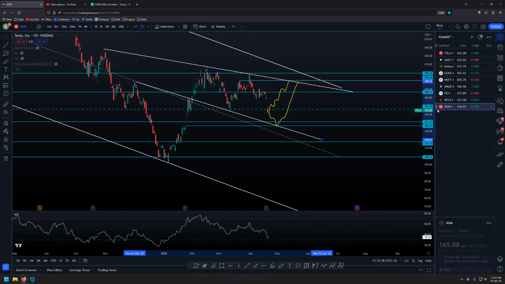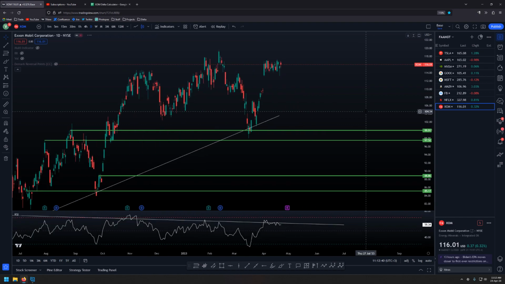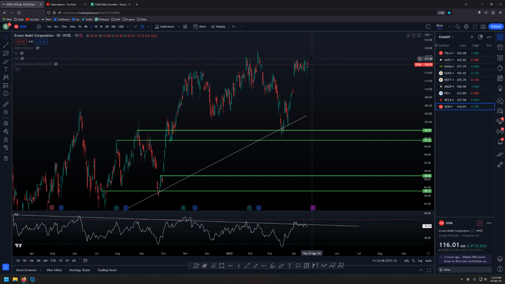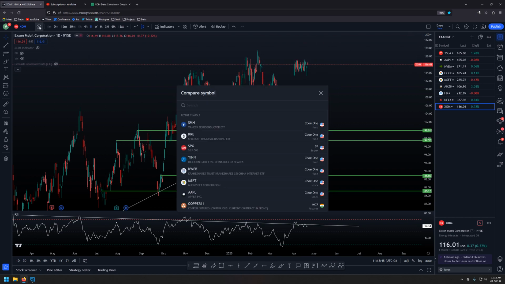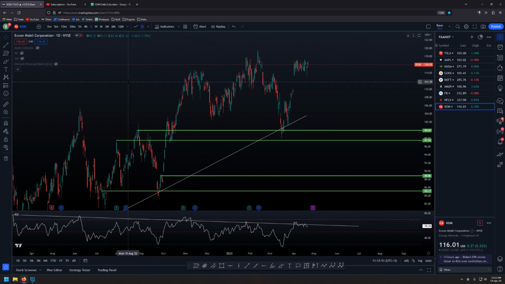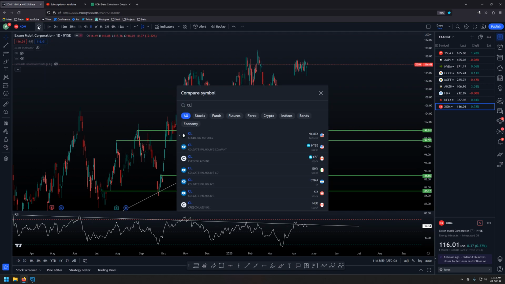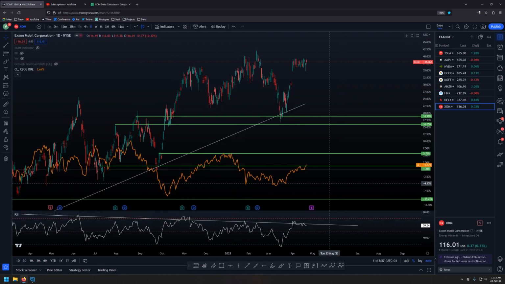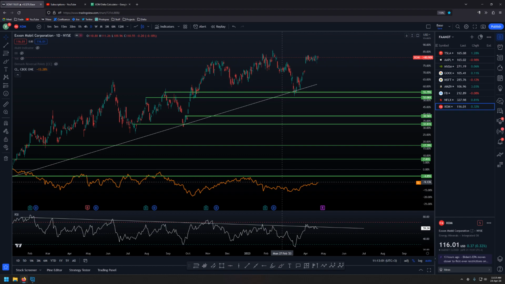Okay, and now to XOM, because I wanted to talk about this one as well, for multiple reasons. First of all, it hasn't corrected.